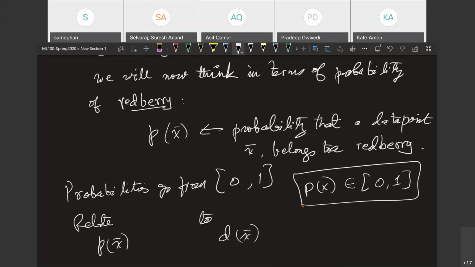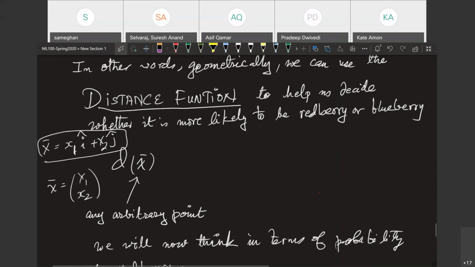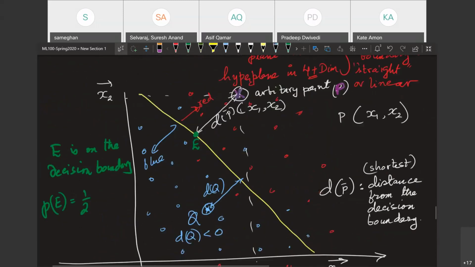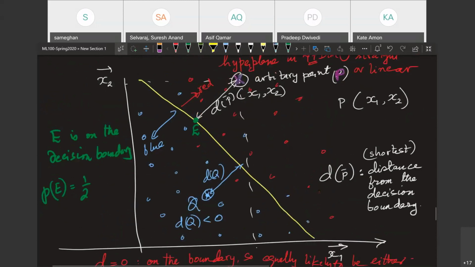As the distance becomes more and more positive, does the probability that it is a red berry increase or decrease? Increase, right? In fact, when d is 0, you want the probability to be half. Beyond 0, you want the probability to continue to increase from half all the way to 1.